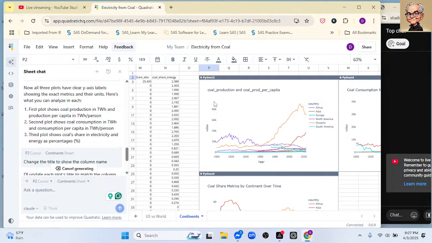Okay, good. Coal production and coal per capita.